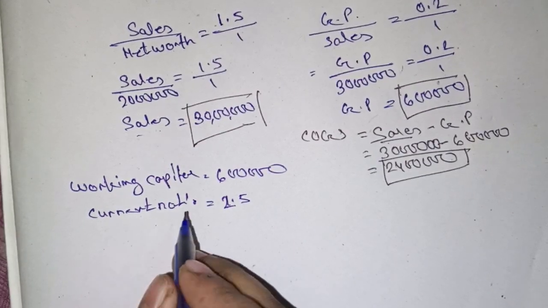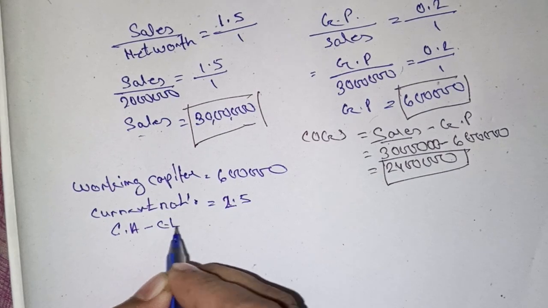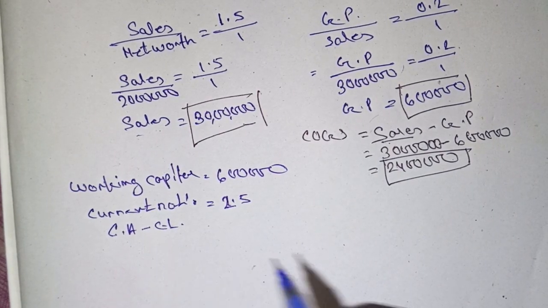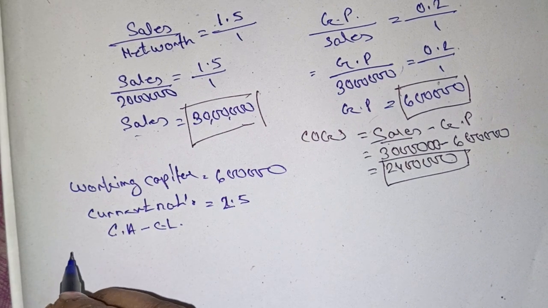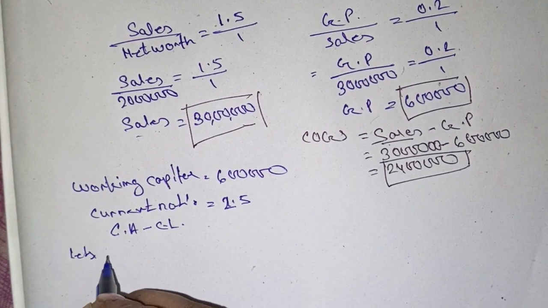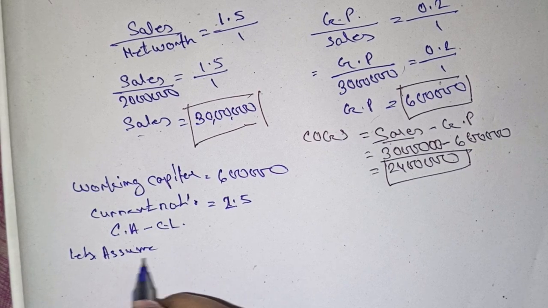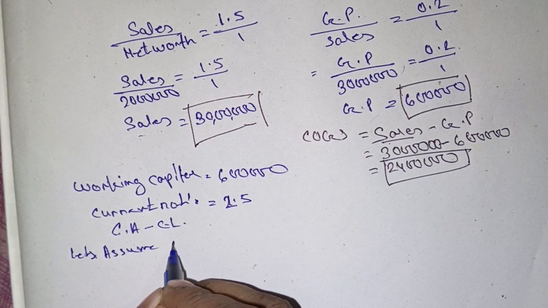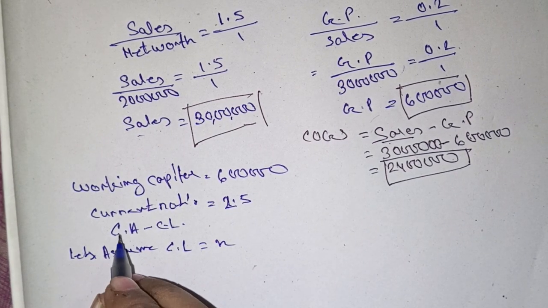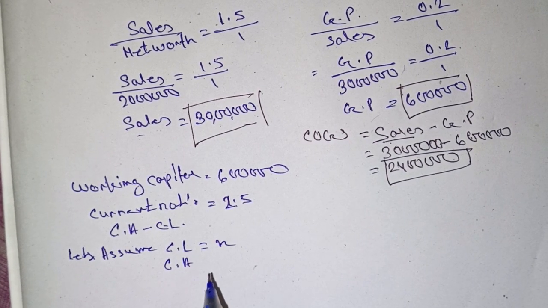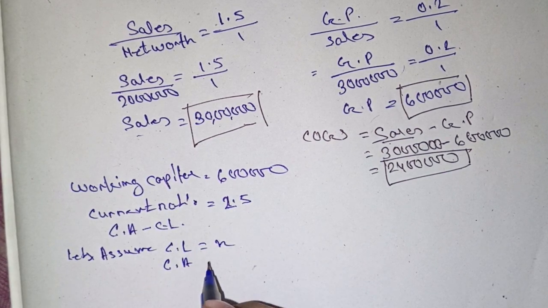Current ratio means current asset divided by current liability. Okay, so let's assume current liability equal to x. Then what will be our current asset? Current asset will be 2.5 times the current liability.